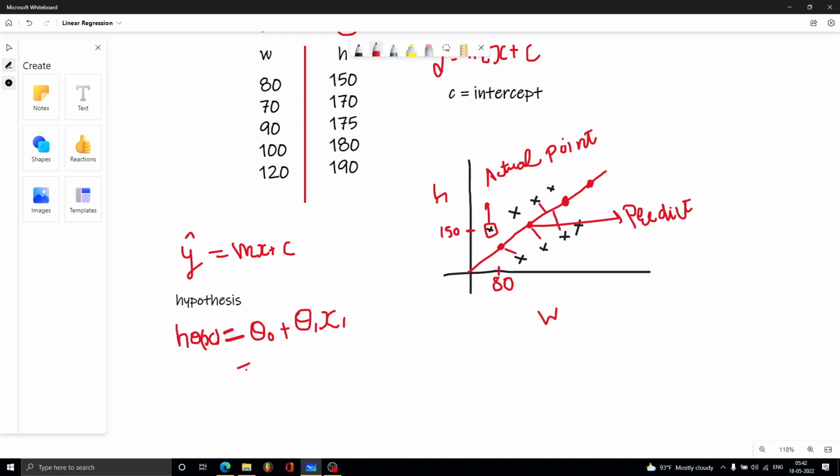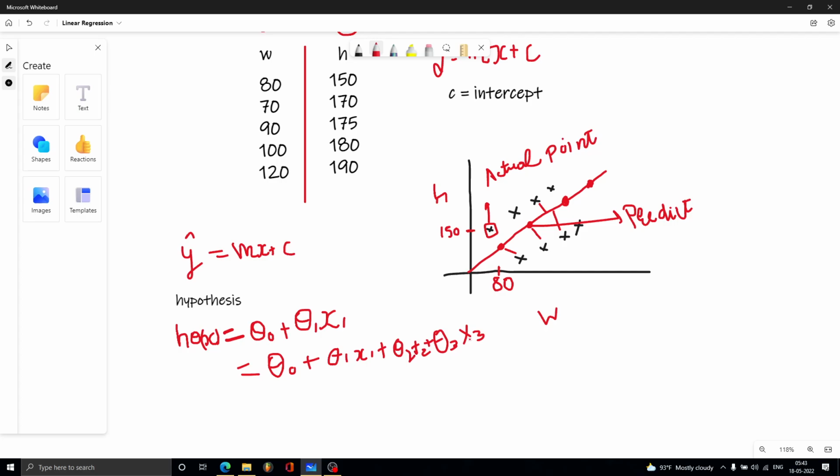We will just increase the features here. Theta 0 will remain the same, we just add theta 1 x1, theta 2 x2, and in similar fashion theta 3 x3.